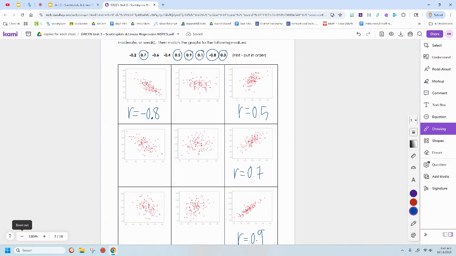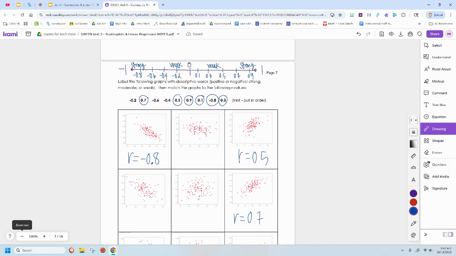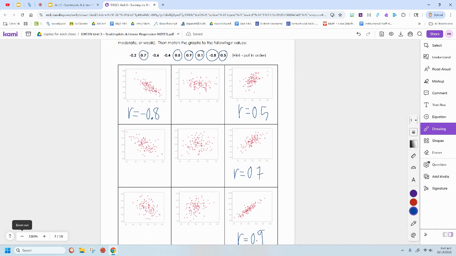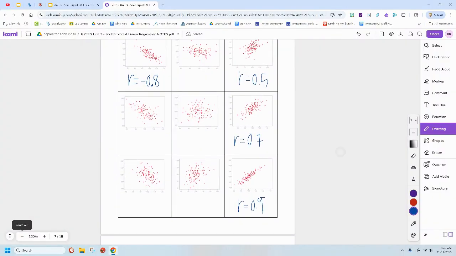Once we get below 0.5, the points are getting really spread out. But we should have another negative one that's halfway decent, negative 0.6. Yeah, I think it's this one, right? R equals negative 0.6.